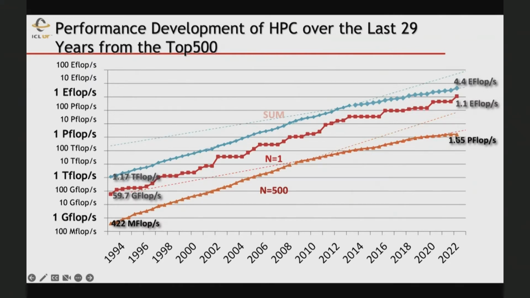The machine at position number 500 is at 1.65 petaflops. So roughly 3 orders of magnitude separate the number 1 and the number 500 system on the list today. If we add up the 500 machines, we get the blue dot. So the sum of the 500 machines is at 4.4 exaflops today.